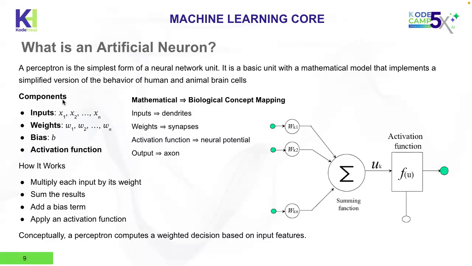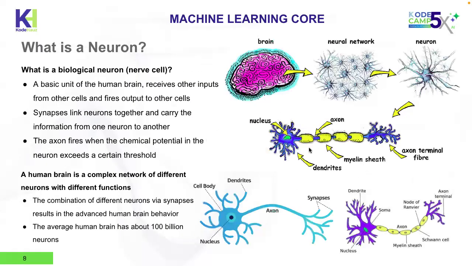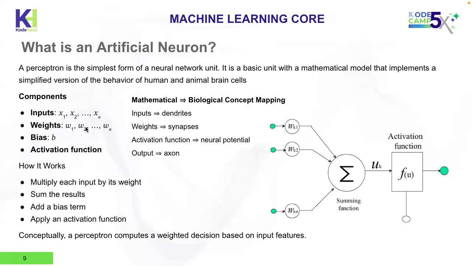When you look at all of this, there is a direct mapping. The inputs, x1 to xn, map to the dendrites in our brain model. The weights map to the synapses, because the weights determine how much of the signal actually passes into the neuron. The bias is the signal that is already in the neuron without any input coming in. The neuron already has some kind of tendency.